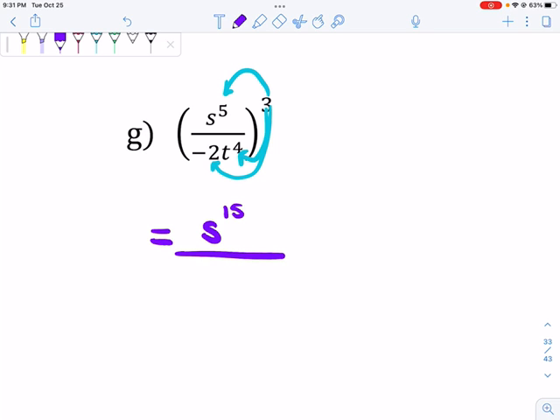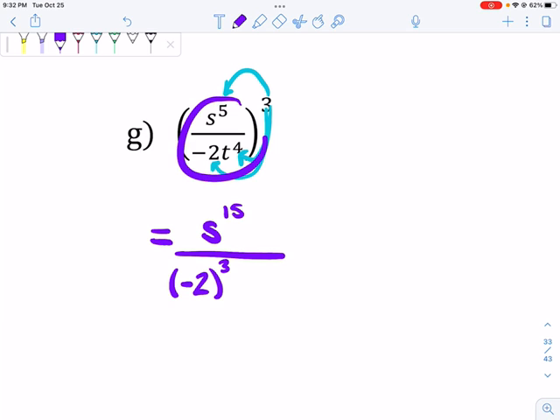Now, you'll notice that -2 is a number that was in the brackets of my base. Now that negative also gets that exponent of 3. So I'm going to keep that negative in brackets with that 2, so that that negative, when taken to the power of 3, is included in that repeated multiplication.